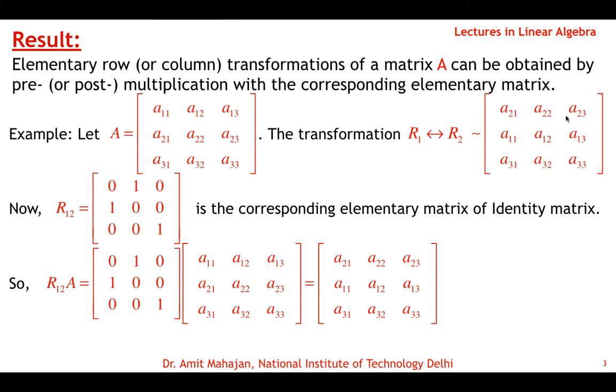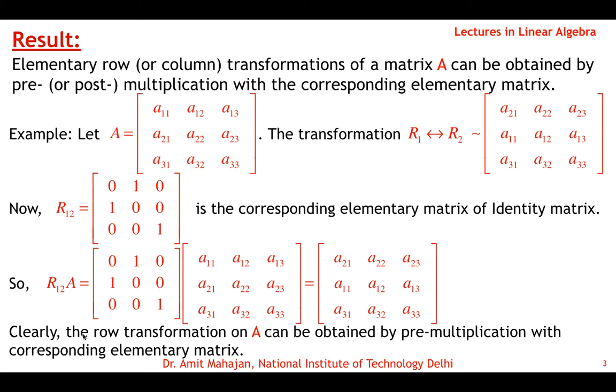So I will get this matrix. So it is very clear that the row transformation on a matrix A can be obtained by pre-multiplication with the corresponding elementary matrix.